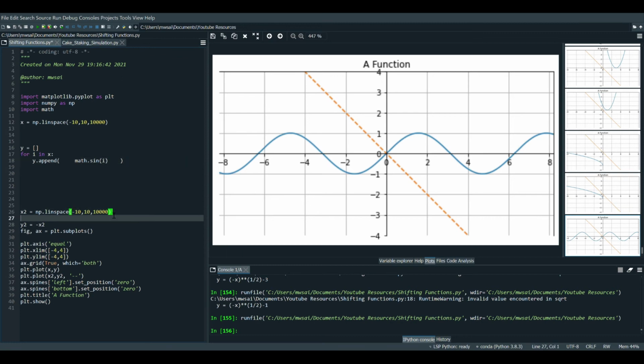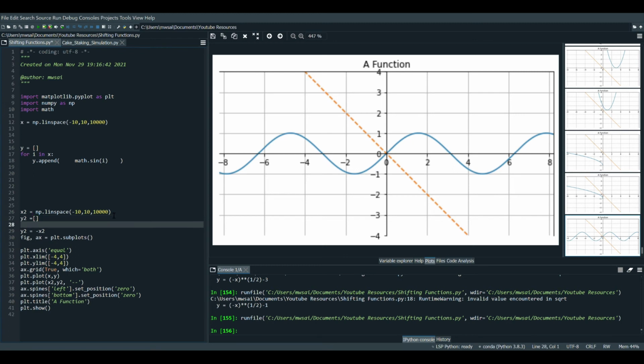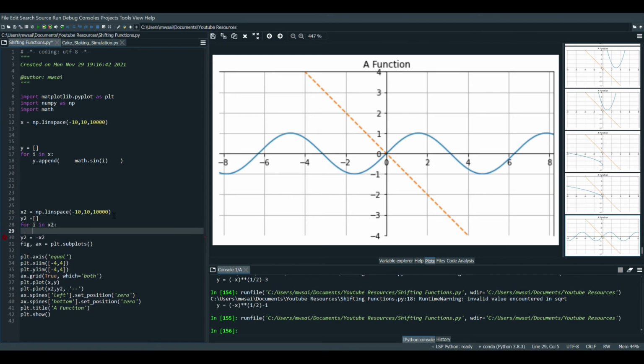And to do this, I have to do the same thing I did above. So sorry, I probably should have done this before. For x in x, oops, it's going to be x2. Let's see, hopefully this works.